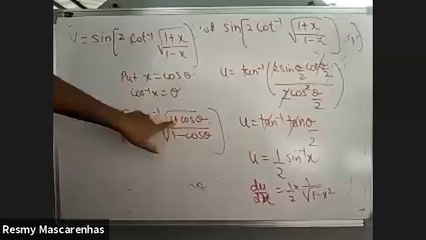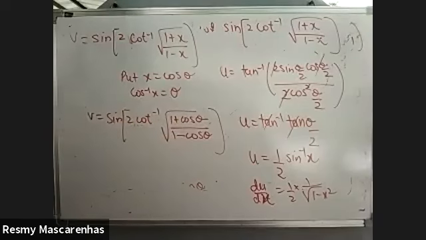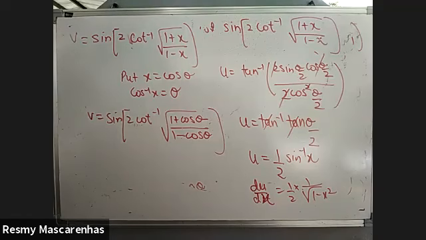Plus means it will be 2 cos square theta by 2. This is minus, means it will be 2 sine square theta by 2. And 2 will cancel. Then you'll get cot square theta by 2. Square and root will cancel.